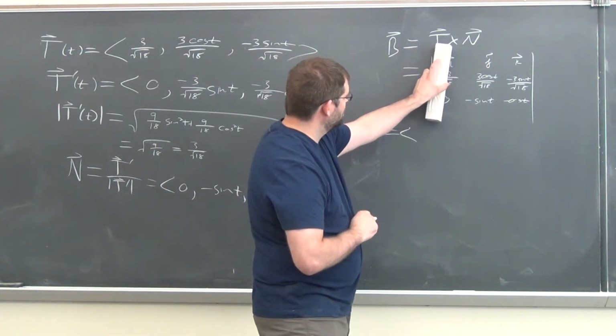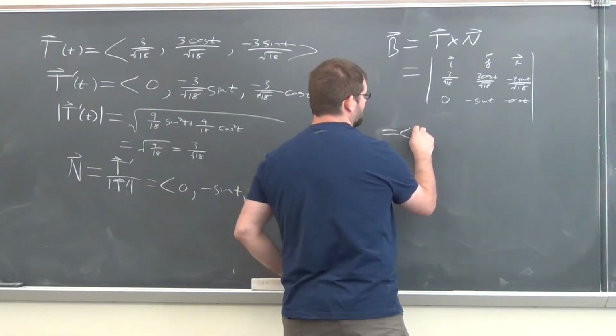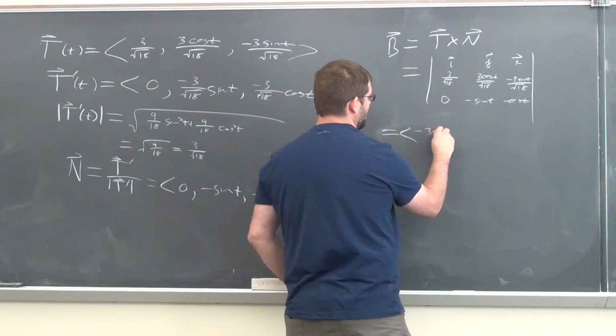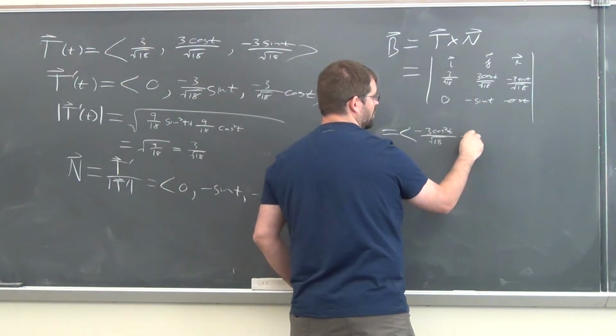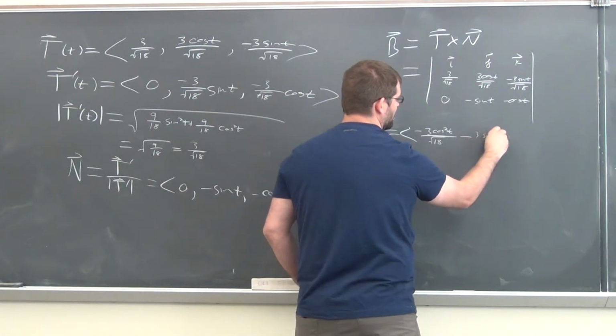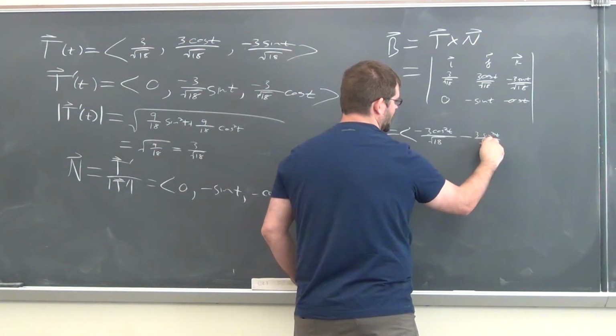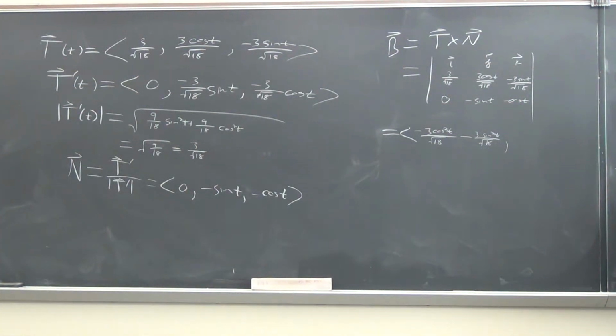Negative cosine squared, so negative 3 cosine squared over root 18, and then minus, and then they'll cancel, right? So 3 sine squared over root 18. Is that okay? And so you can save some time if you get confident in that, but let's just work our way through these slowly.